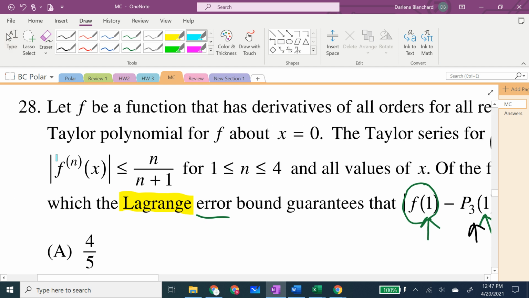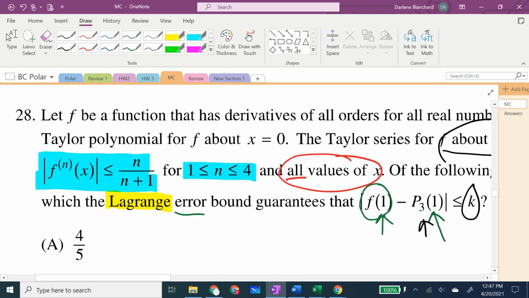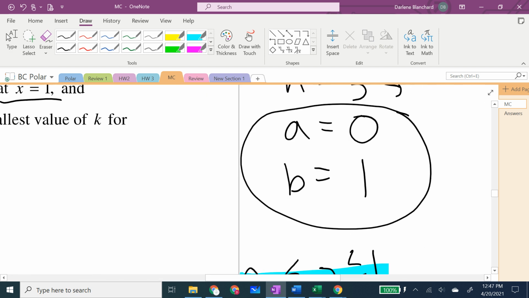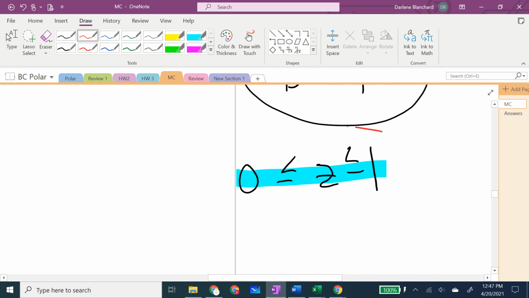I am given that this inequality holds as long as n is between 1 and 4 for all values of x. All values of x happen to include the interval from 0 to 1.